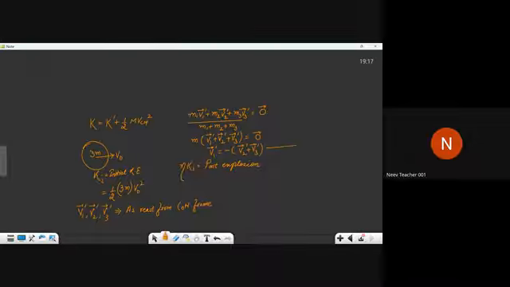Now take a pause over here and read this equation. What is this equation saying? If you want to maximize V1 prime, then the resultant of V2 prime and V3 prime, let's say the resultant is in this direction.